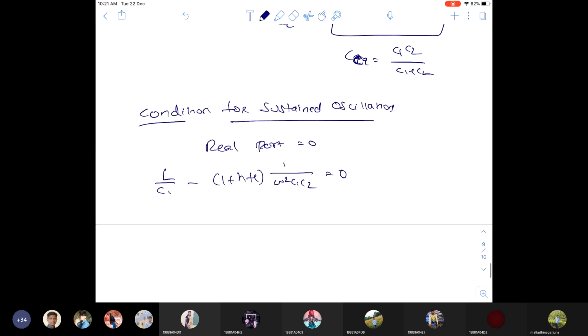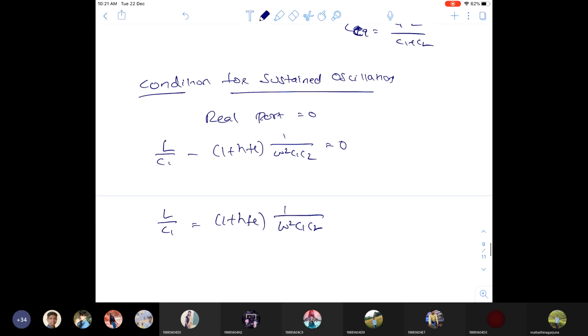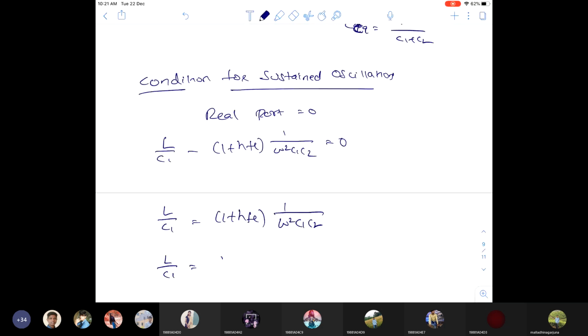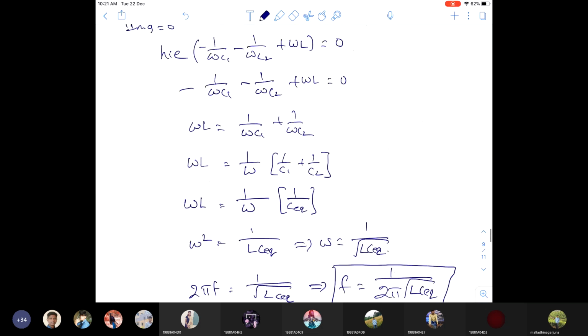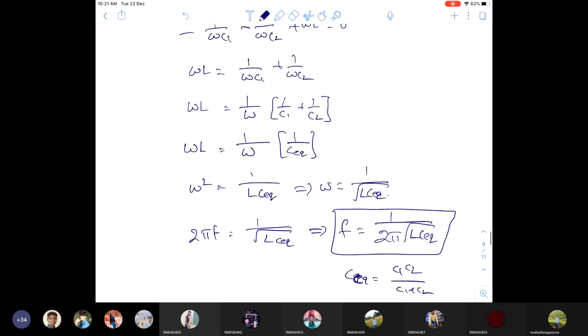Now L by C1 equals 1 plus HFE into 1 by omega square C1 C2. Here omega square is L into C equivalent, so 1 by omega square becomes 1 by L into C equivalent.